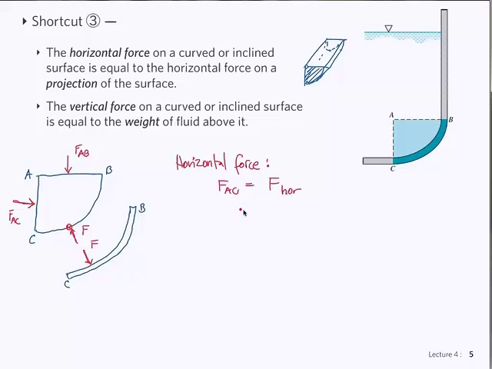And in the vertical direction, we have FAB. But let's not forget the weight of this fluid; plus the weight has to be equal to the vertical component of the resultant.